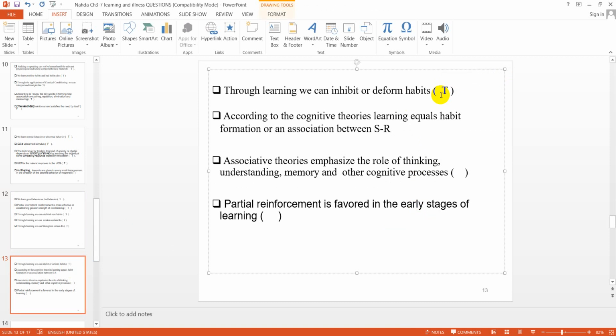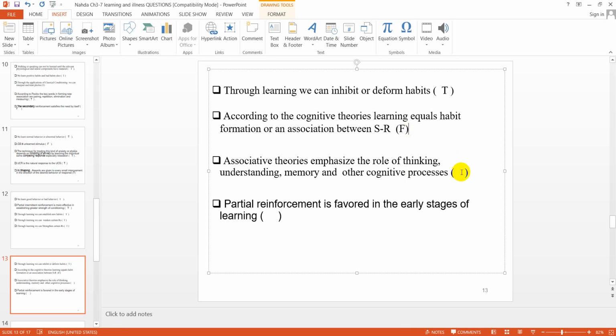According to the cognitive theories, learning equals habit formation or an association between stimulus and response. No, false. This is according to the associative theories. Associative theories emphasize the role of thinking, understanding, memory.